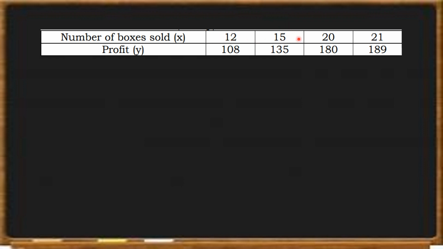If he sold 15 boxes, he will earn 135. If he sold 20 boxes, he will earn 180. And at 21 boxes, 189. So, what do you notice in the flow of the numbers or values?